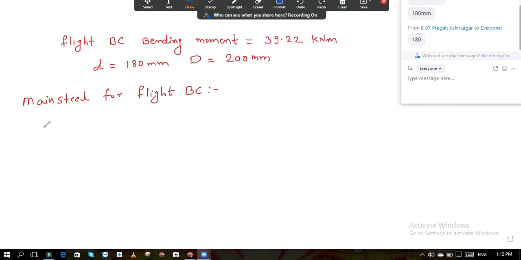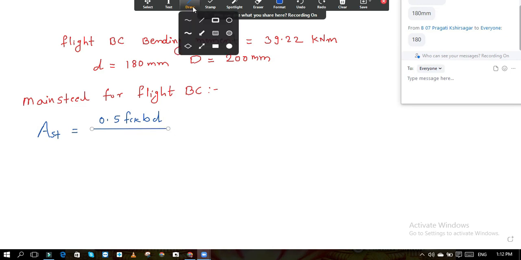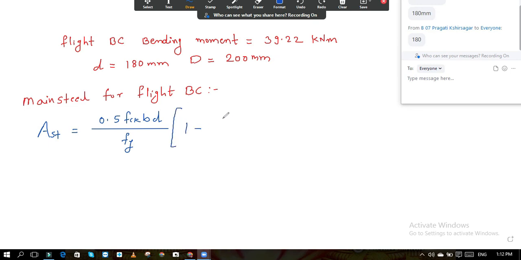Our formula is Ast equals 0.5 fck b d divided by fy, in bracket 1 minus under root 1 minus 4.6 Mu upon fck b d square.